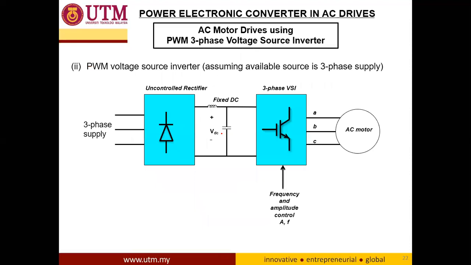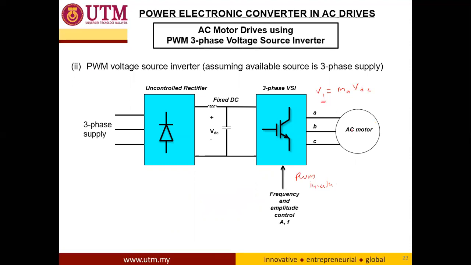And the second method is the PWM 3-phase. As you can see, we are using the same configuration, but right now both the magnitude and the frequency are controlled by the PWM inverter. Because with PWM, you can adjust the output voltage, which is the fundamental V1, by adjusting your modulation index, MA.